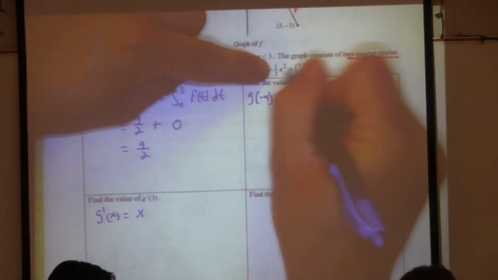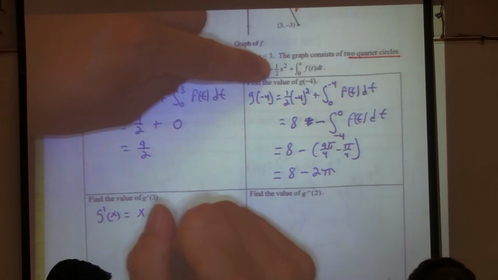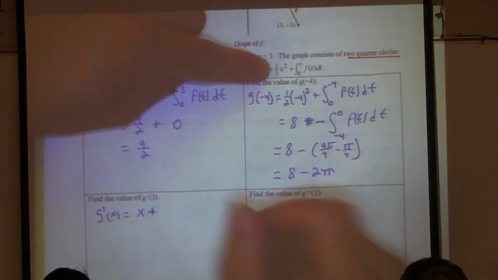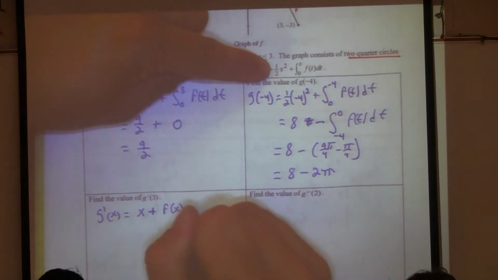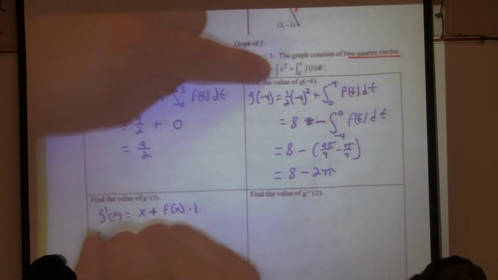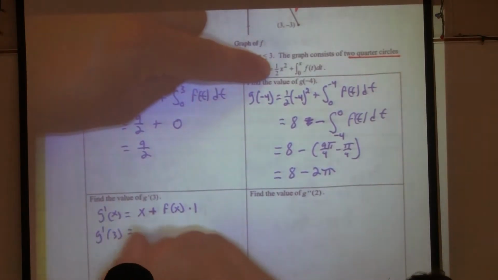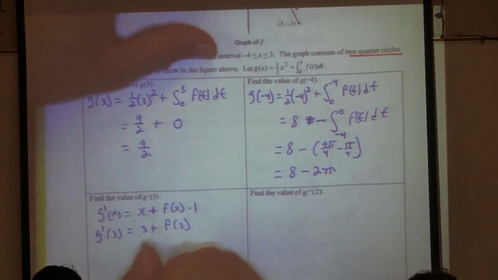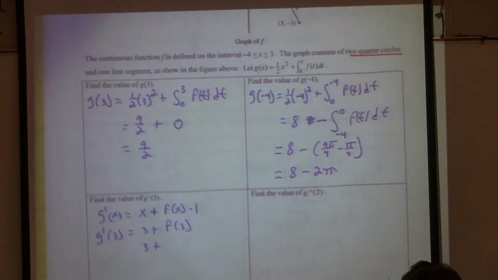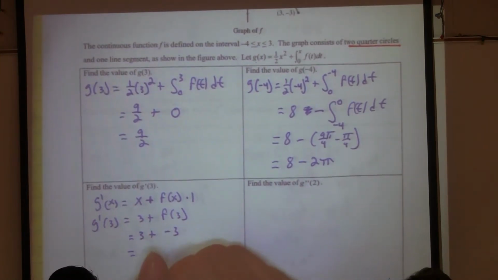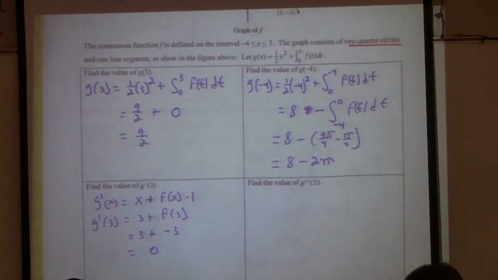Plus, what's the derivative of this integral? f of x times 1, right? We multiplied by the derivative of the limit. So now if I want g prime of 3, it's going to be 3 plus f of 3. What's f of 3 using the graph of f above? -3, so that gives me 0.